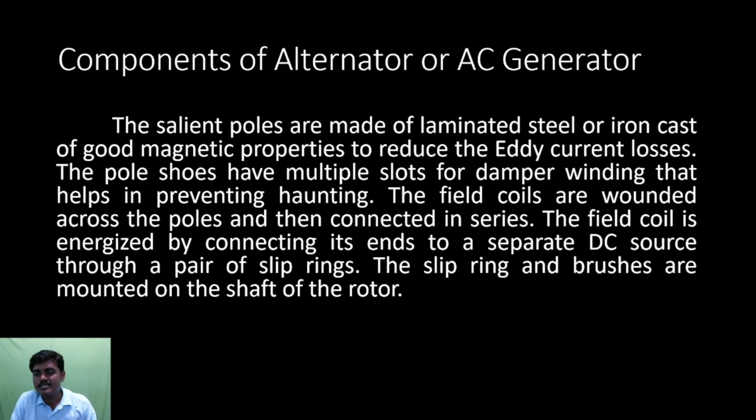The field coils are mounted across the poles and then connected in series. The field coil is energized by connecting its ends to a separate DC source through a pair of slip rings. The slip rings and the brushes are mounted on the shaft of the rotor.